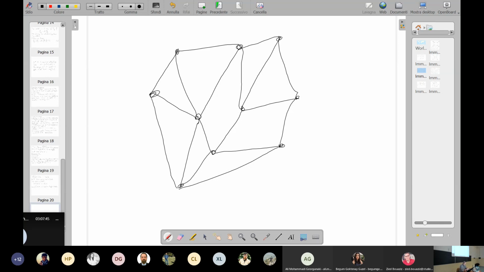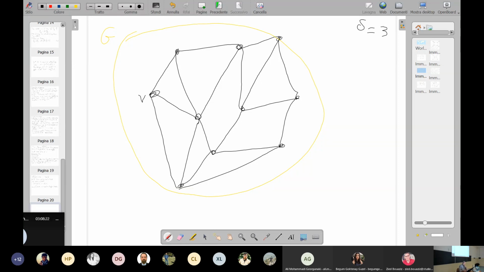In this case, small delta. This is G. Small delta is actually, in this case, equal to 3, okay? All right, let's take any V. For instance, this one as any other, okay? Let's take this one, okay?